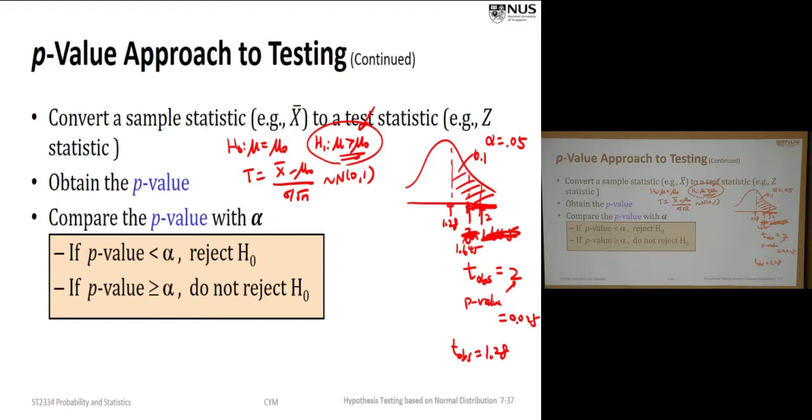For those who set alpha equal to 1%, this 3% is not that small, so do not reject the null hypothesis. While if you set alpha as 5% beforehand, then this 3% is small enough, and you will reject the null hypothesis. So you don't have to recompute the critical region every time. You just look at your p-value, compare with your alpha, and make the decision.